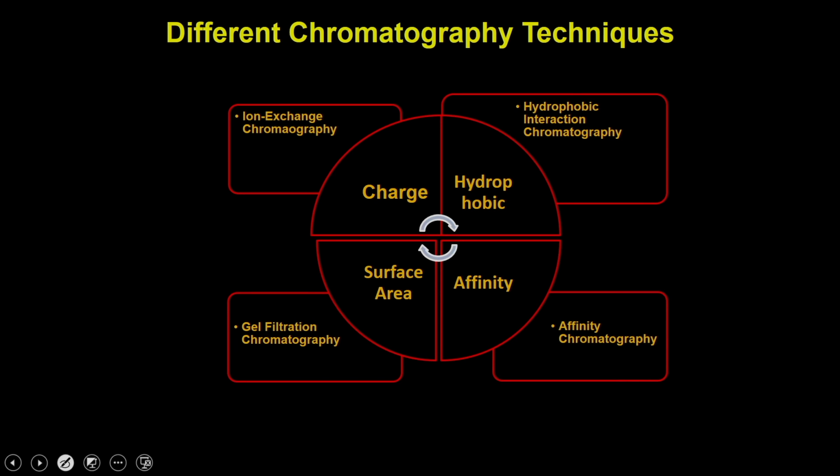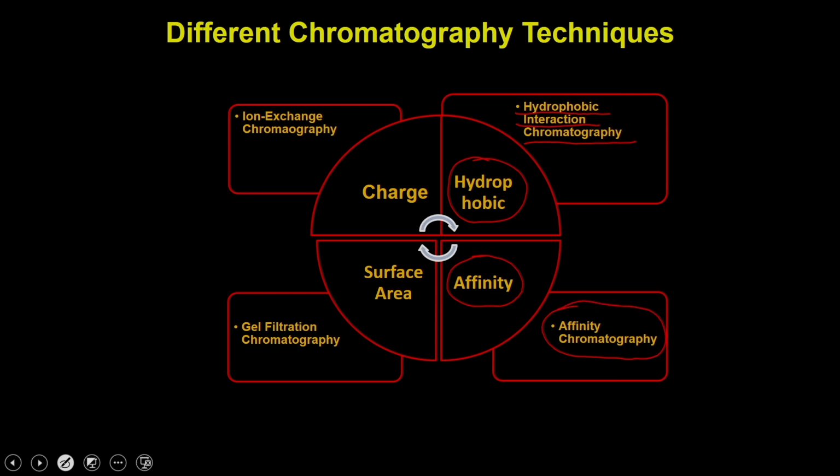As I said, you have the hydrophobic core, which can be exploited in a technique called hydrophobic interaction chromatography. Similarly, you have affinity regions on the proteins, which can be exploited in affinity chromatography.